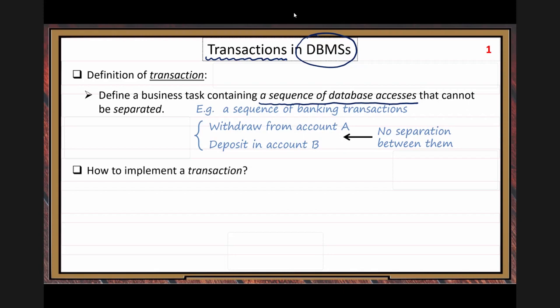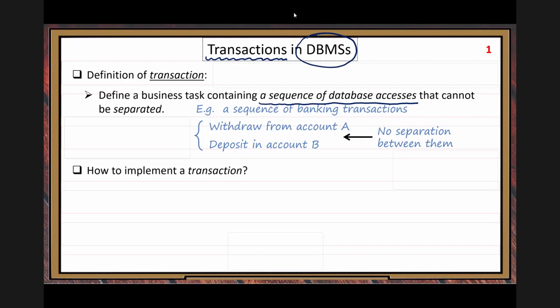But the question is how to implement a transaction inside the DBMS. Here I just describe the general idea of the transaction. Okay? You need to define the starting point, right? You need to define that block, that sequence of database accesses, as one transaction.